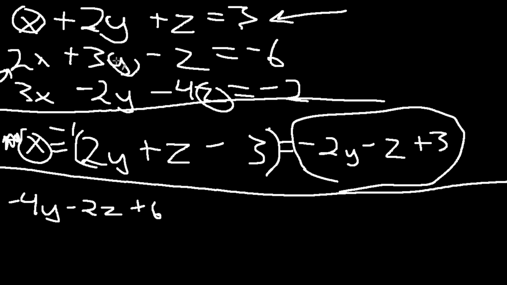And then we go on with the equation. We have a 3y and another negative, is this negative 2 or negative z? It's negative z. Okay, just making sure. Z's and 2's are confusing.